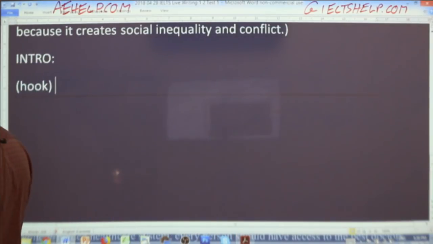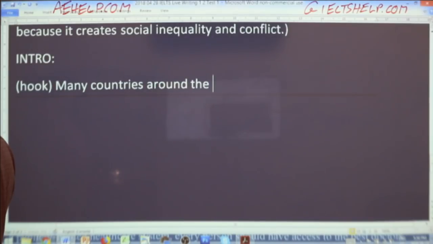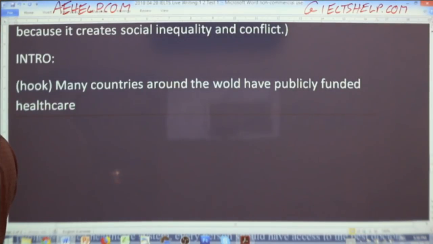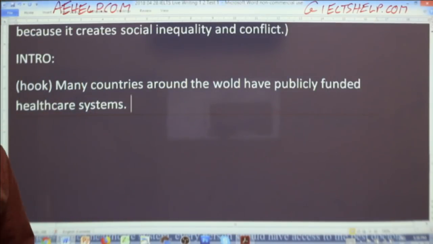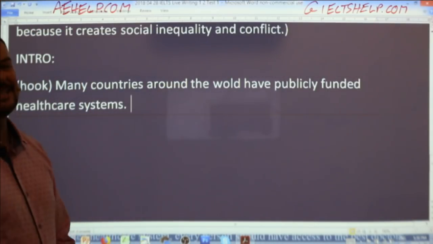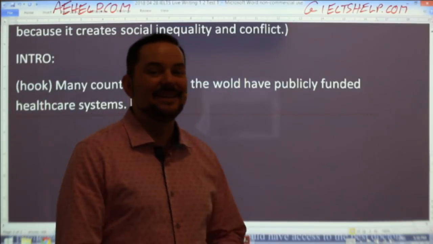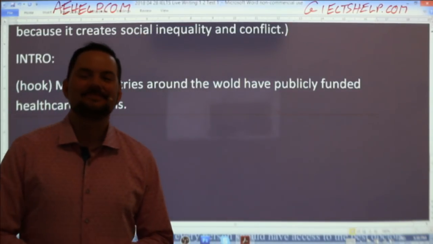So the hook here is many countries around the world have publicly funded healthcare systems, and that's enough. Anybody know which countries have publicly funded healthcare systems? Anybody know a few examples of countries that have publicly funded healthcare systems?